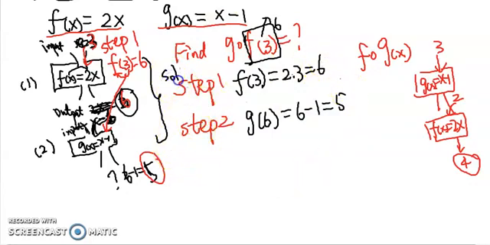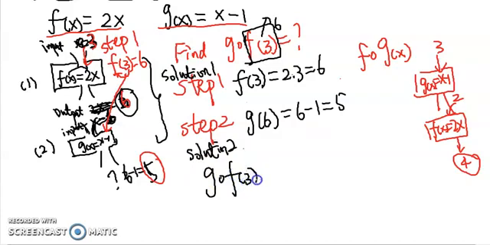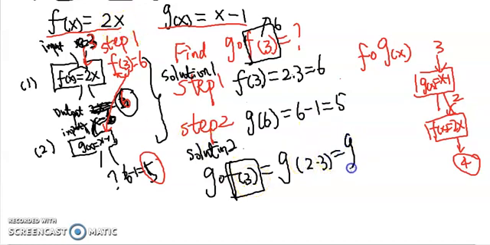So that's solution 1. If you don't want to do 2 steps, you can write them the way we looked before. So how do we do G and F of 3? You can copy the letter G here and work this out first. When you work that out, you plug a 3 into the F function. So you get 2 times 3, which is G of 6.